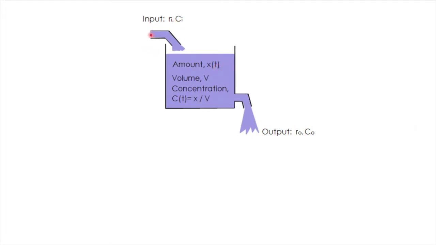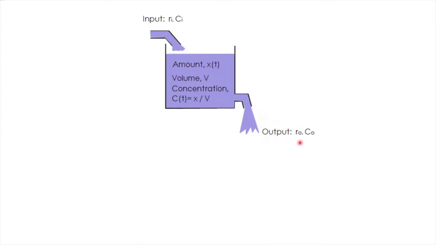So, for the input, we have the R sub I. The R sub I represents the flow rate. Yung C sub I naman is the concentration in. So, yan yung concentration ng substance or solution being poured into the tank. Ganun din dun sa output natin, you have a flow rate.